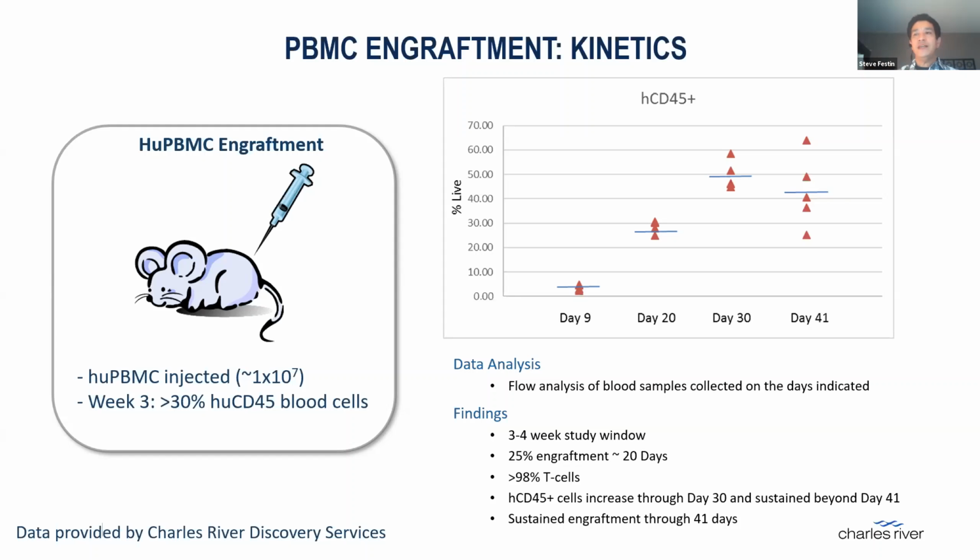The faster they engraft, the earlier we see the animals succumb to the symptoms of GVHD, as we initially start measuring it in weight loss, but really the lack of the ability to thrive. We've screened a number of these and identified one that gave us a window that allows us to study the tumor and immune cell interactions.